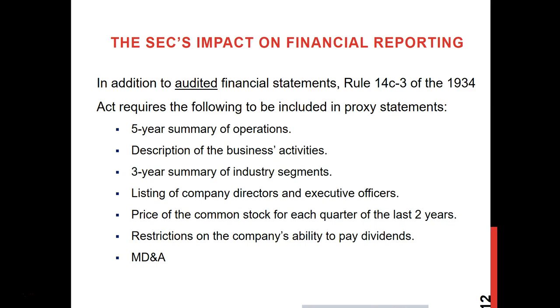And they need to mention the market price of the company's common stock for each quarterly period within the 2 most recent fiscal years. The companies also need to mention any restrictions on the company's ability to pay dividends.